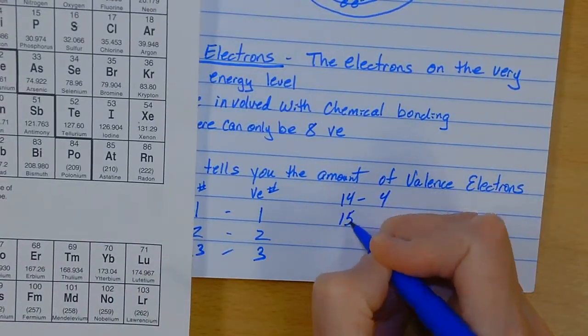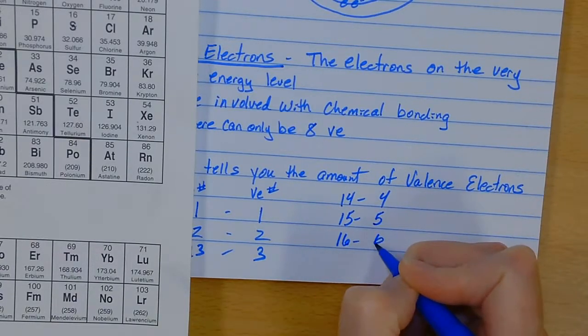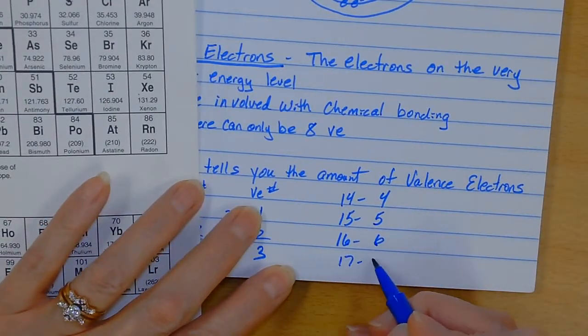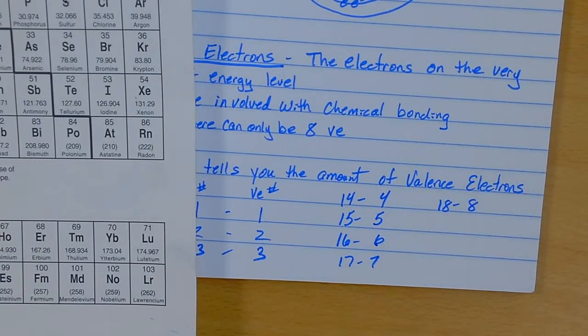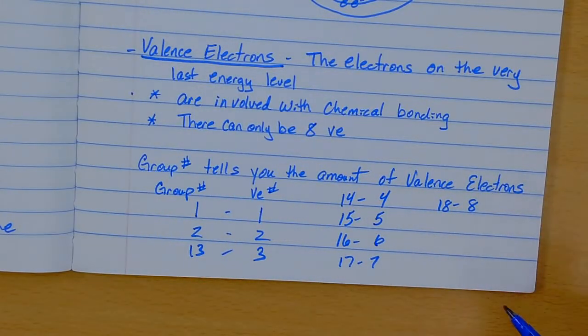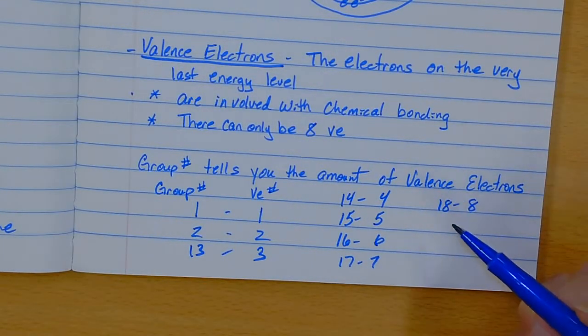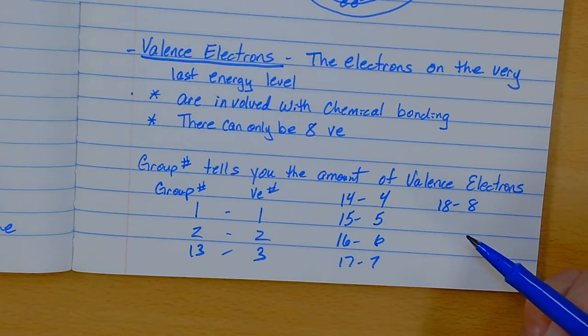Then group 15 has 5, group 16 is 6, group 17 is 7, and group 18 is 8. Remember we said there can only be 8 valence electrons. So group 18, the noble gases, their valence level is completely full. No more valence electrons can fit. That's why the noble gases are inert. They do not react with other elements.